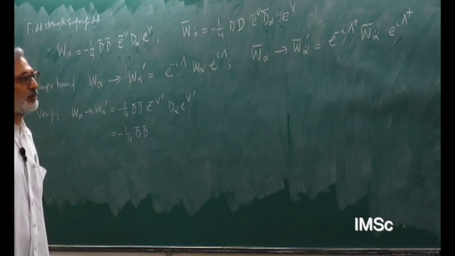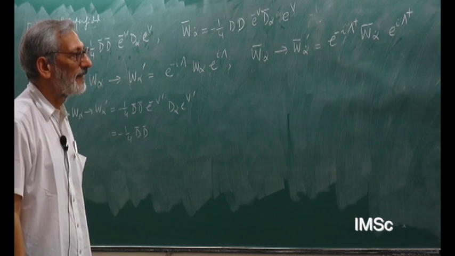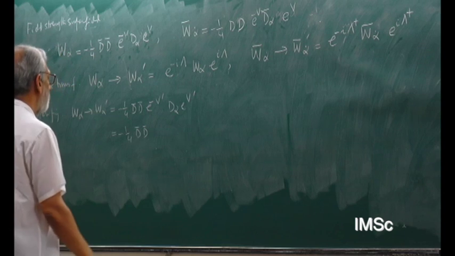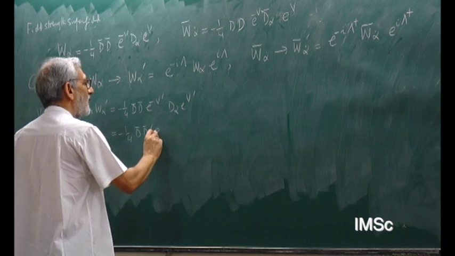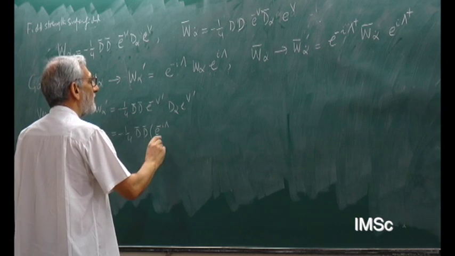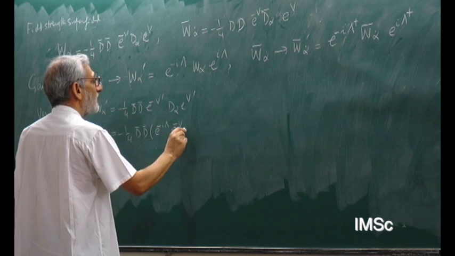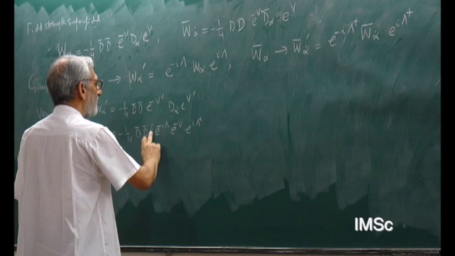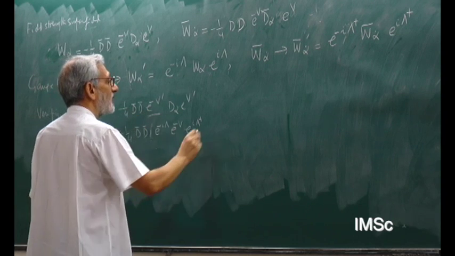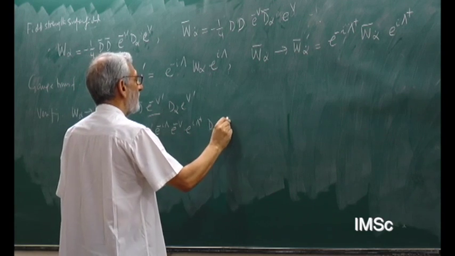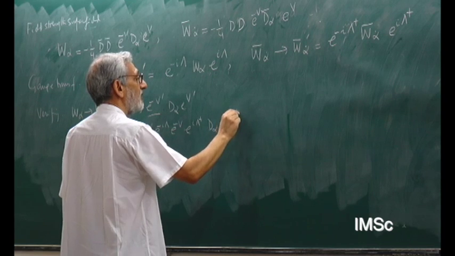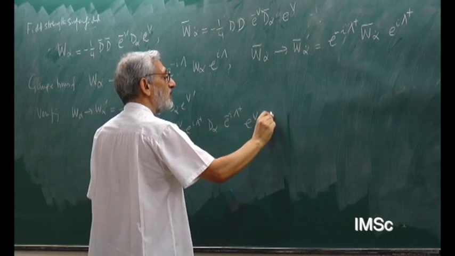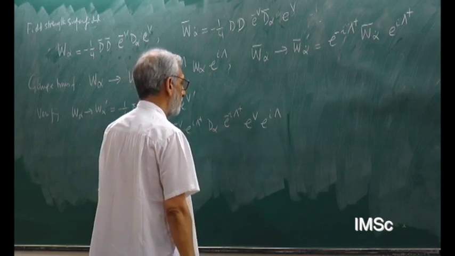We gave the transformation law for V. The inverse is exponential of i lambda e^{-V} exponential of i lambda dagger, that is this object, times D_α of exponential of i lambda dagger e^V exponential of i lambda.